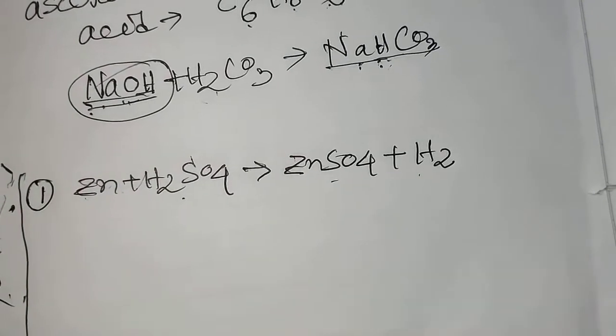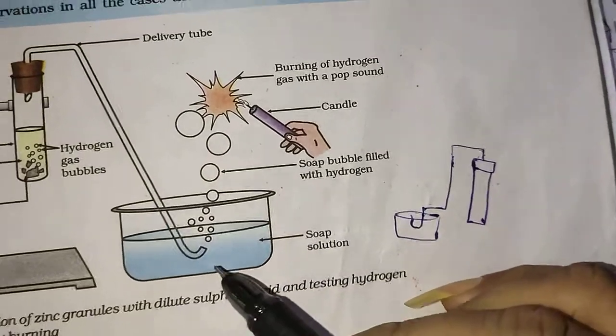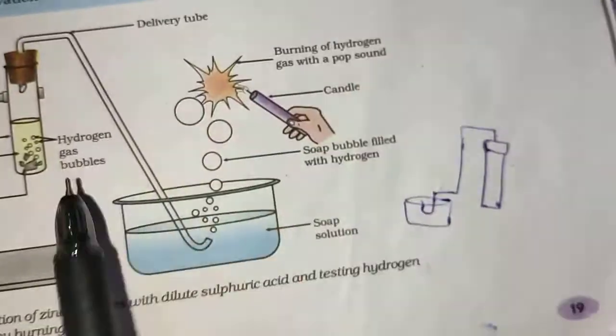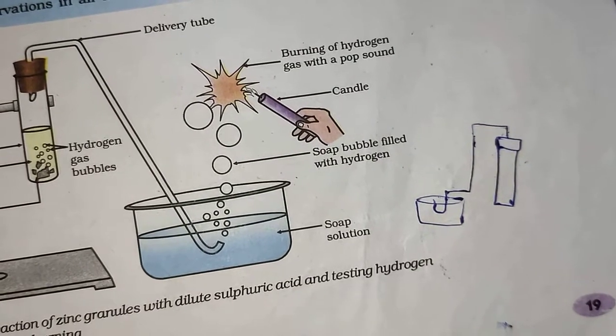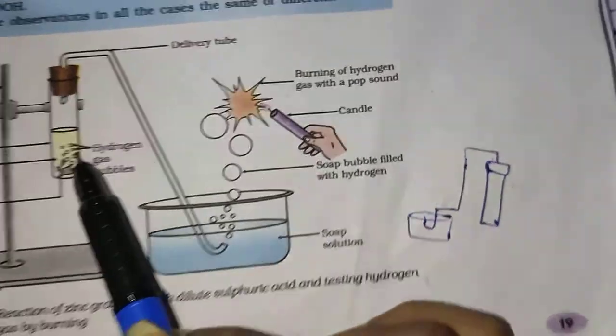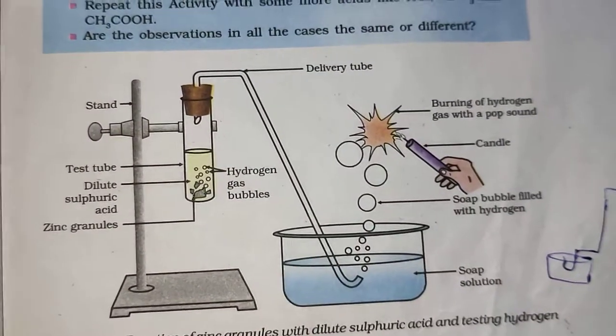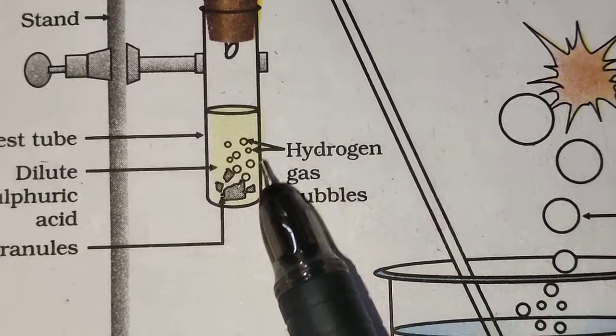Okay, so this hydrogen gas can be detected by this apparatus. Here the reaction between the dilute sulfuric acid and zinc granules forms hydrogen. These hydrogens form some bubbles, you see these are the hydrogen bubbles.